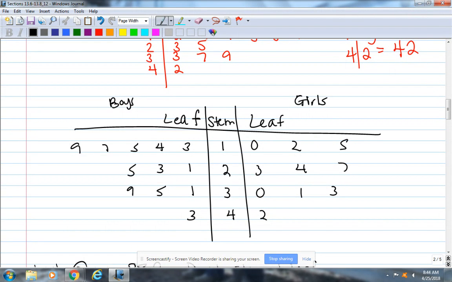So you can do a double stem and leaf plot like that if you're comparing two different things. Does that make sense? So this is all my boy data and my girl data. And I can find averages on this side for the girls and averages and means and medians on this side for the boys. Does that make sense? So that's a double stem and leaf plot. Just wanted y'all to see one of those.